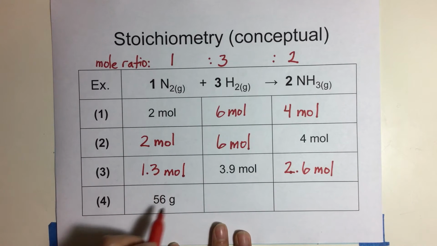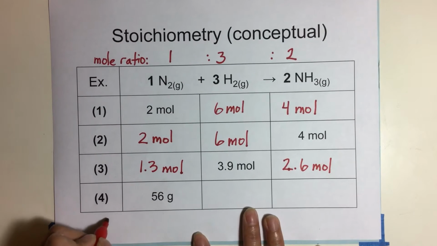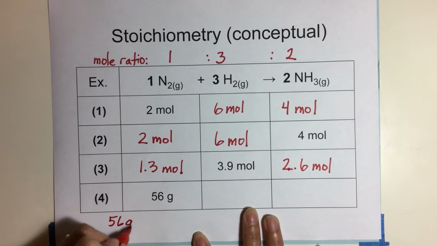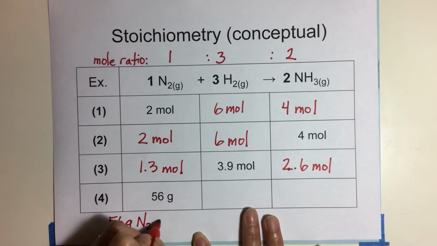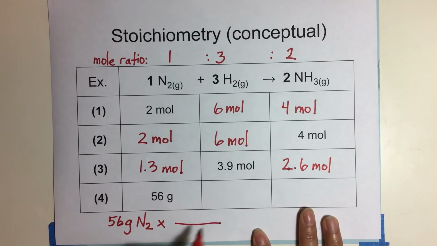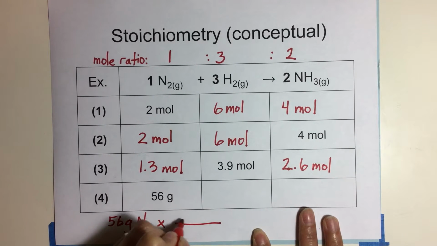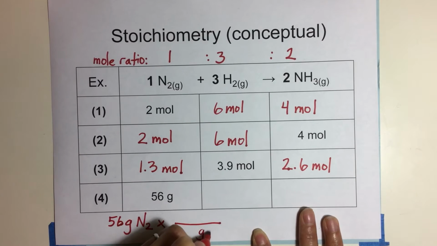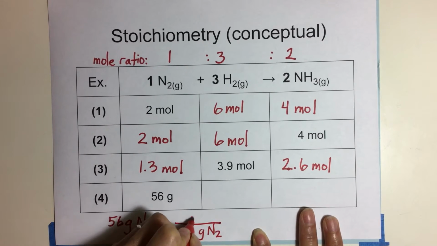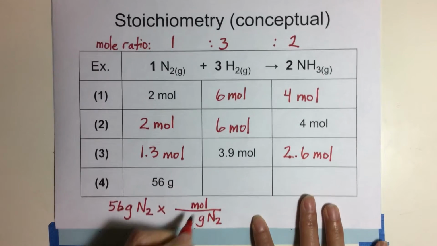Now looking at this next problem, you'll notice that you don't have moles. And so you have to do a conversion. And the conversion is from 56 grams of nitrogen, and you must convert it to moles. So you do a side conversion where you take the grams of nitrogen and convert it to moles of nitrogen.